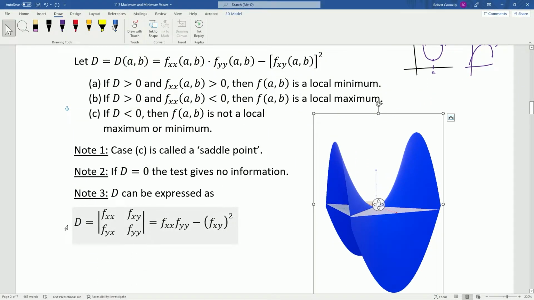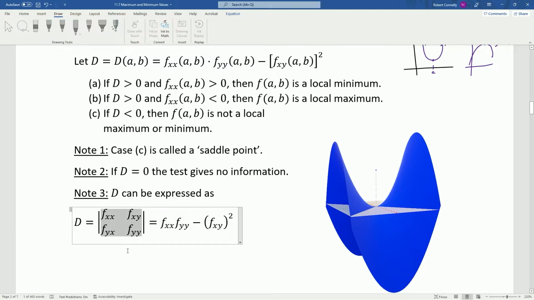And a last little note here is that this D could be written in this discriminant notation. So the second partial derivative with respect to x, then xy, then yx, then yy, equals this minus this partial derivative with respect to x, then y, squared. Now, you might ask yourself, why can we just write that this is f with a partial derivative with respect to x, then y, squared, when you're really taking this product here?